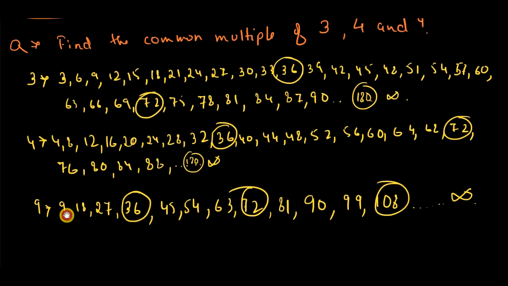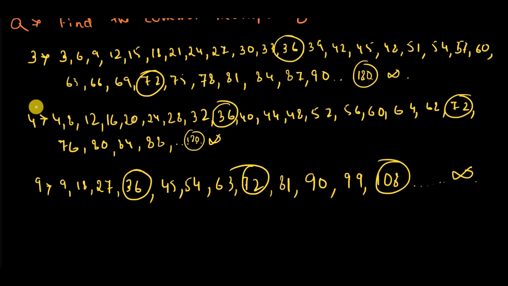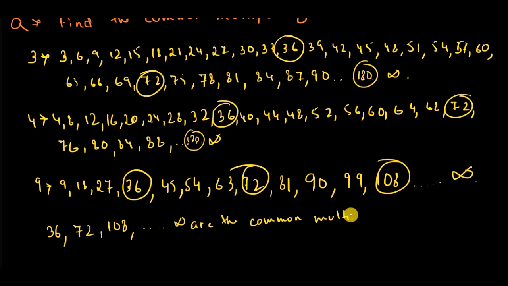So it turns out that the common multiples of 3, 4, and 9 will be 36, 72, 108, up till infinity.